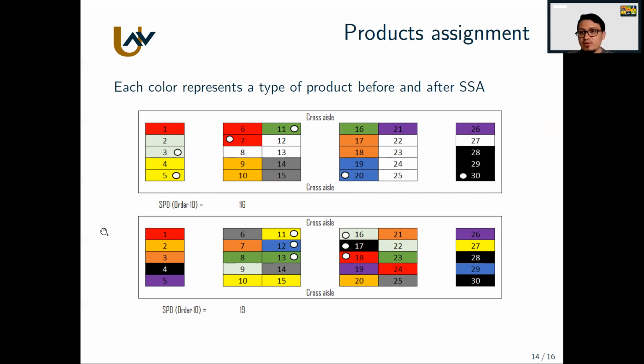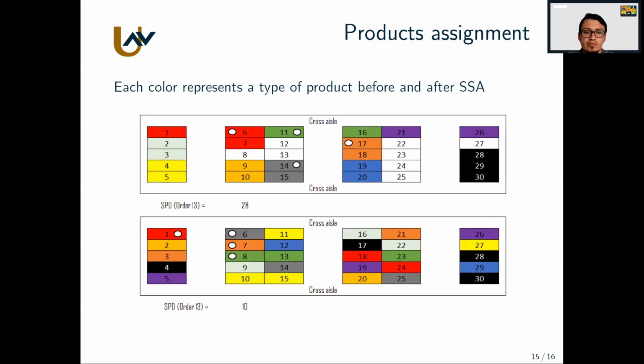But what happened with the second case? In the case of scattered storage, the picker only has to go to the second aisle. The picker was able to get all the items in the same aisle, and the total distance was only 19. The comparison between both numbers is really significant for this research.